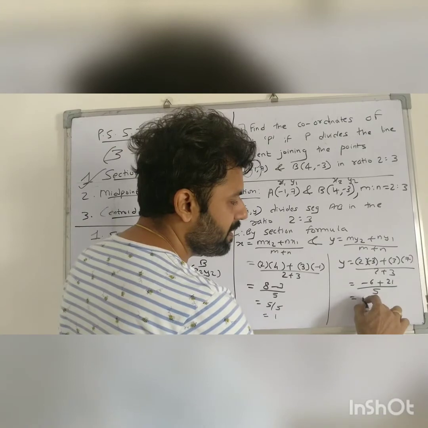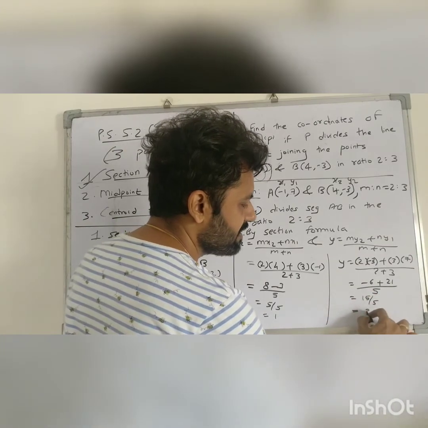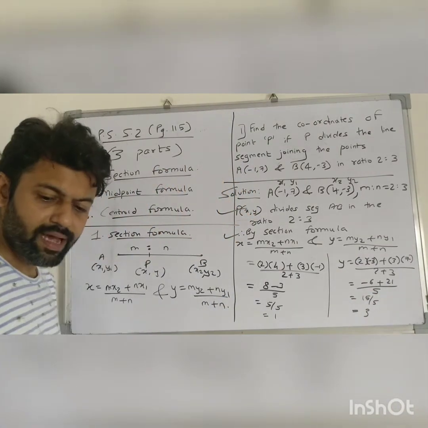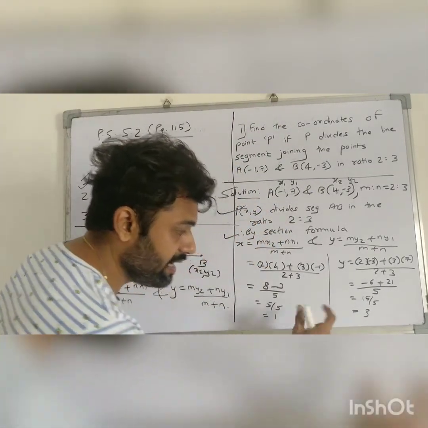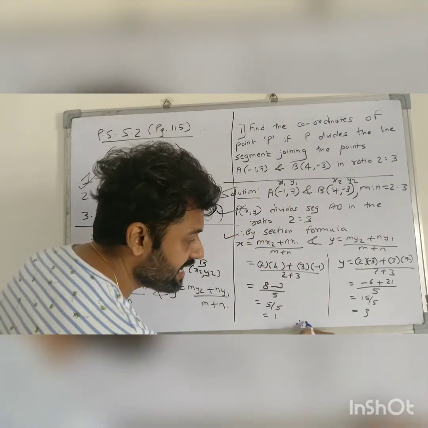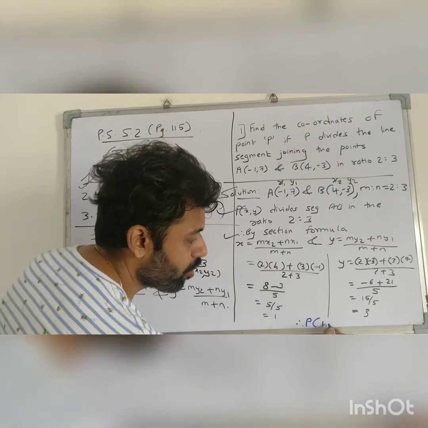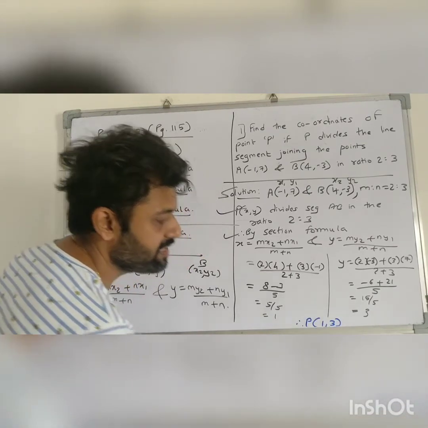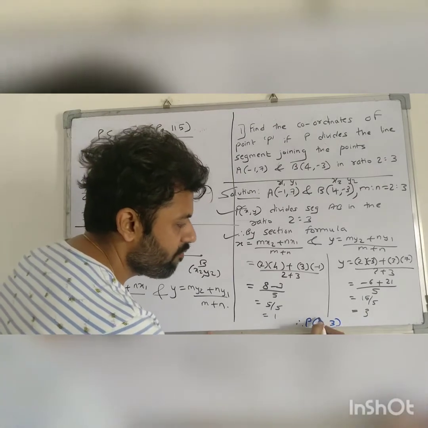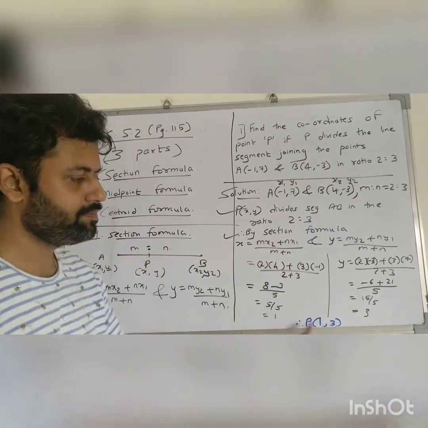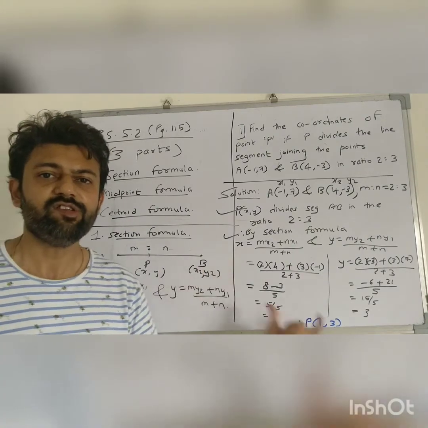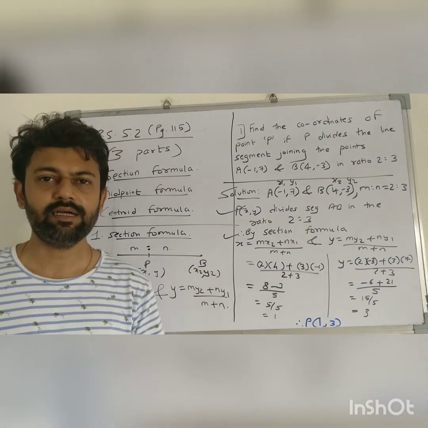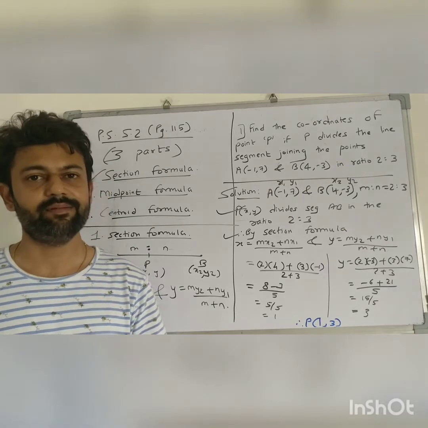Sign of the greater number, plus 15. 15 upon 5, answer is 3. So my answers of x and y are 1 and 3. Finally, in the next line I have to write P (1, 3). 1 comma 3 is the answer. Remember, this is 1 comma 3. In this way, we find the coordinates of the point which divides any segment in the ratio m:n.